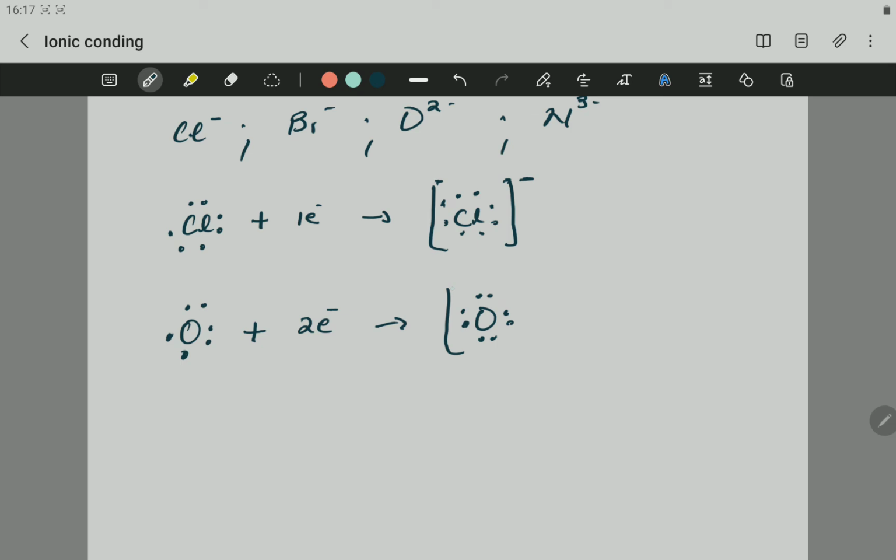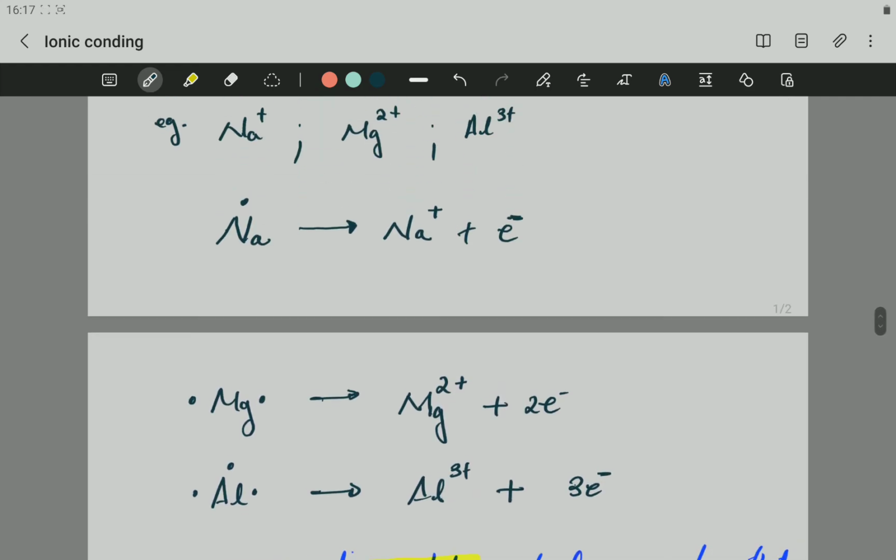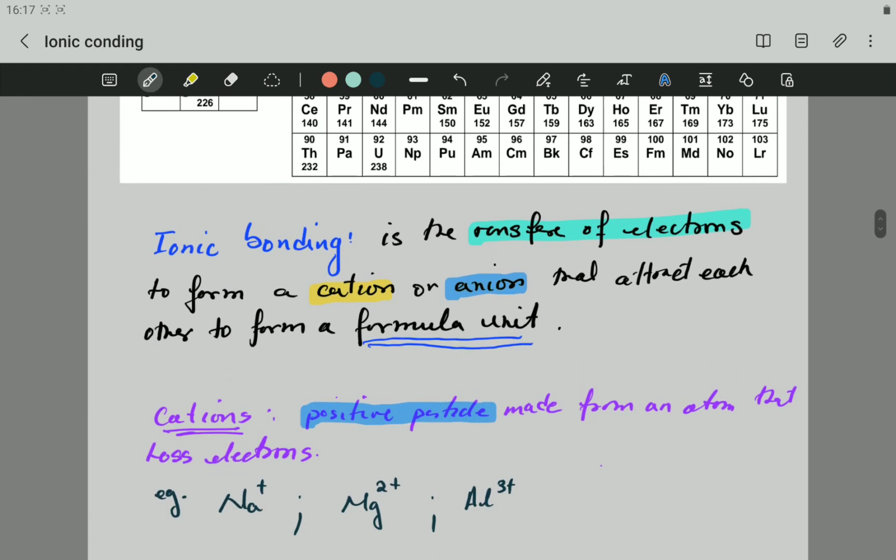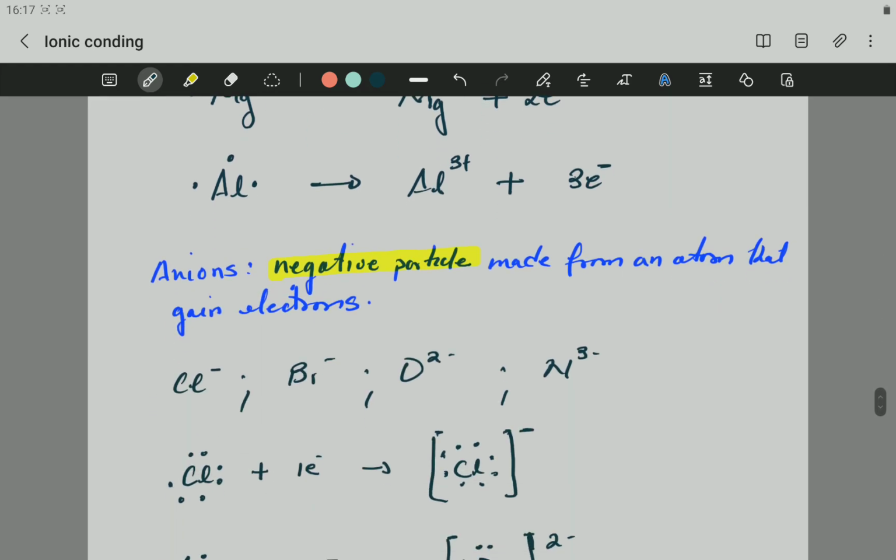So it will be oxygen with 8 valence electrons. How many electrons did oxygen gain? 2. Therefore it will be 2 minus. So this is the formation of the oxygen ion. I hope this part is clear. You see how a cation forms, and you see how an anion forms.